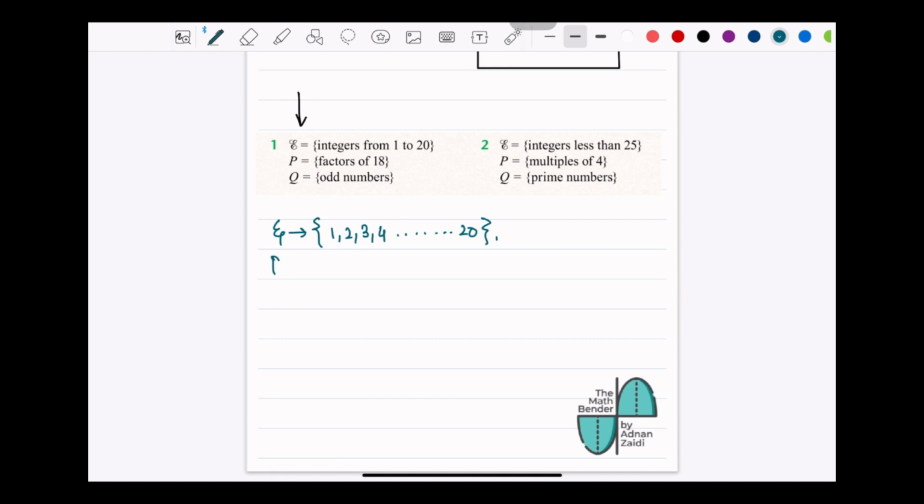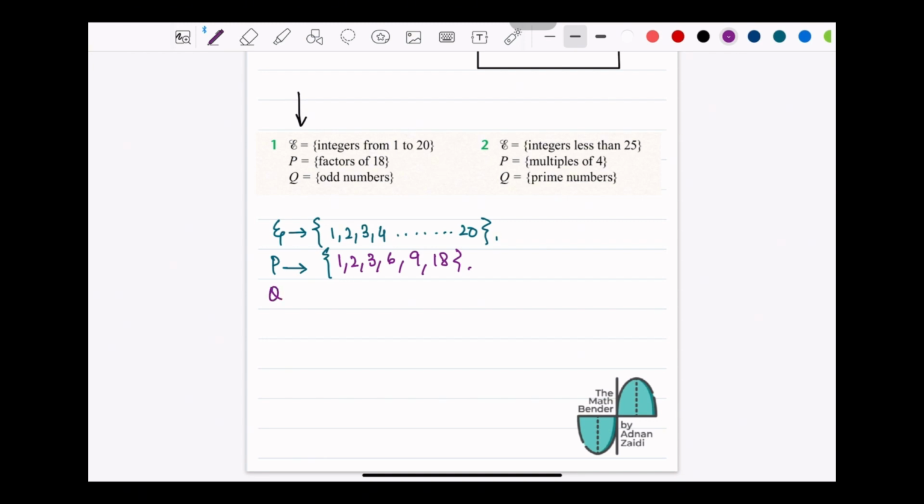Now, P is factors of 18. Remember, factors of 18 within this universal set range. So factors of 18 are 1, 2, 3, 6, 9, and 18. That is it.